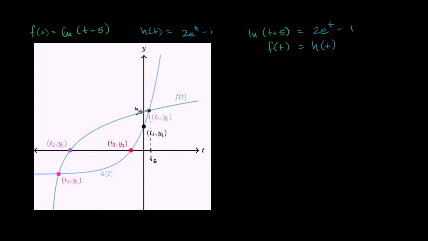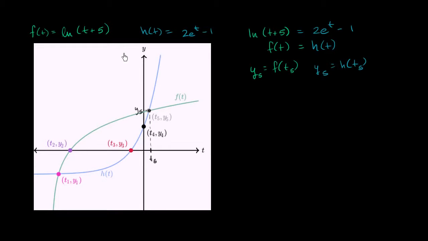Or another way of writing this is y sub 5 is equal to f of t sub 5, and y sub 5 is equal to h of t sub 5. You see that right over there. Take t sub 5, evaluate your function h, there you get to y sub 5. Evaluate your function f, there you get to y sub 5.